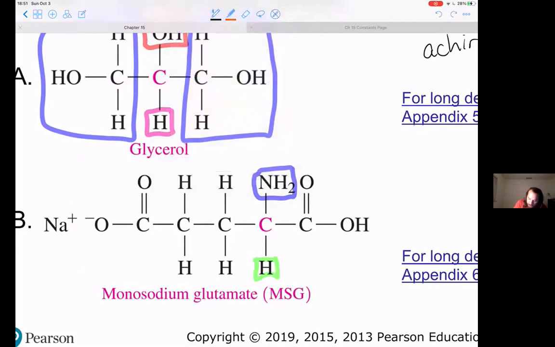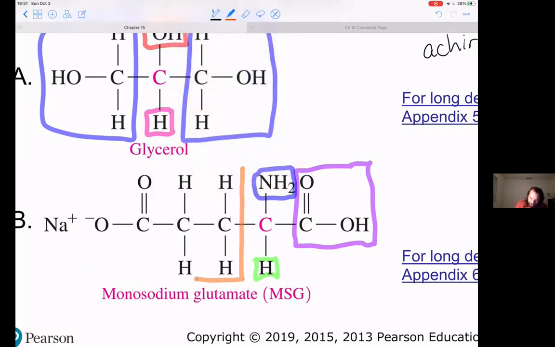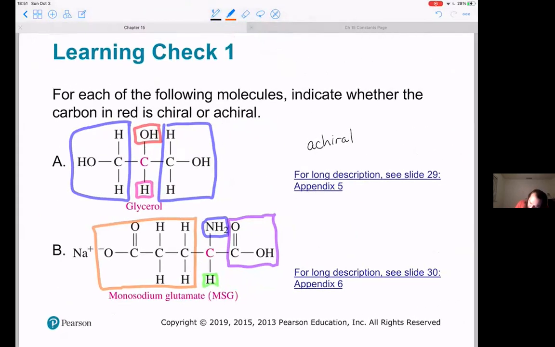I'm not saying, oh, this is a carbon and this is a carbon, so those are the same and it's achiral. You look at the whole group, right? So it's not just the atom that's bound, it's the entire group of molecules, and do they match exactly? So this carboxylic acid group is different from this chunk over here, and so that would make this carbon chiral.